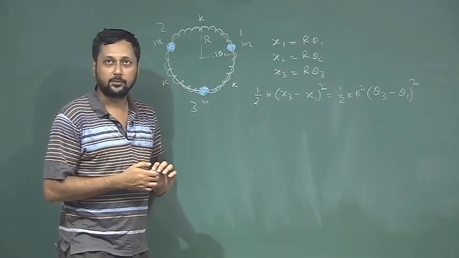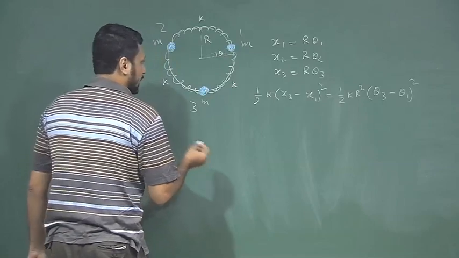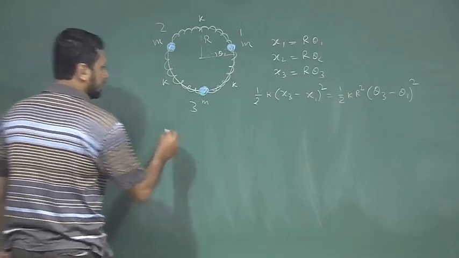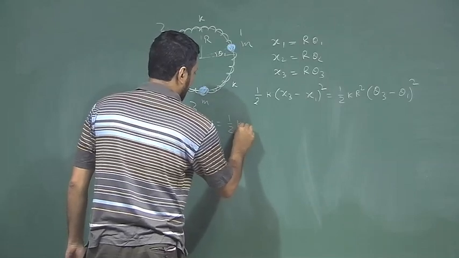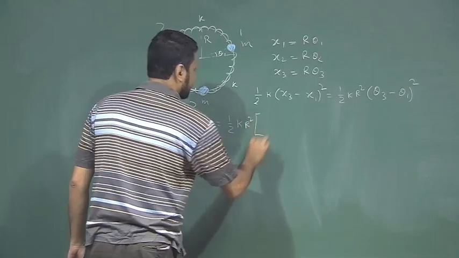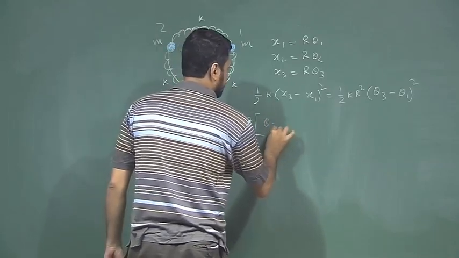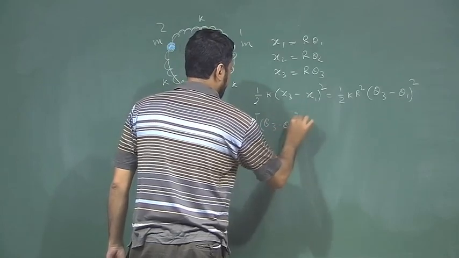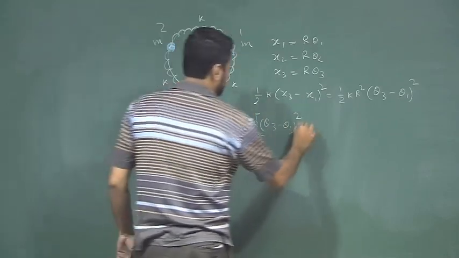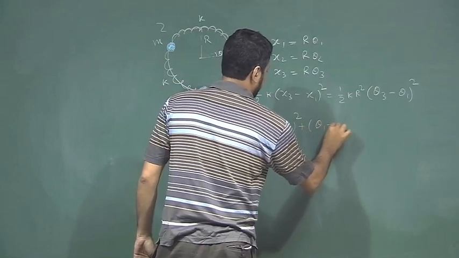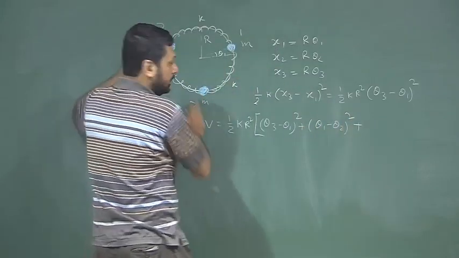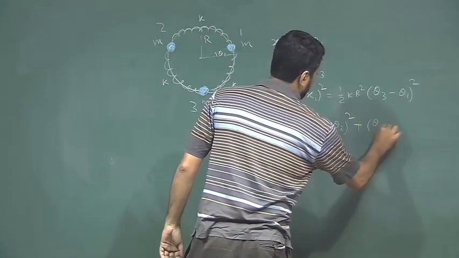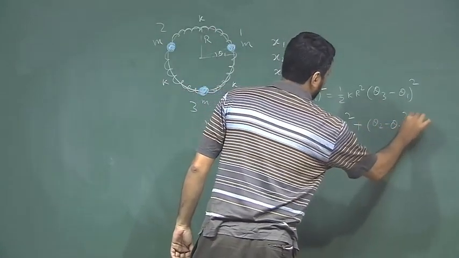Now, if we do that, the total potential energy V will be half k r squared theta 3 minus theta 1 squared. Similarly, for these 2 it will be theta 1 minus theta 2 squared, and for these 2 it will be theta 2 minus theta 3 squared.